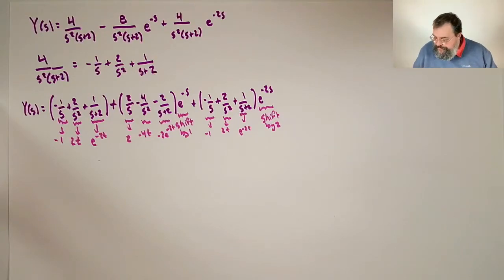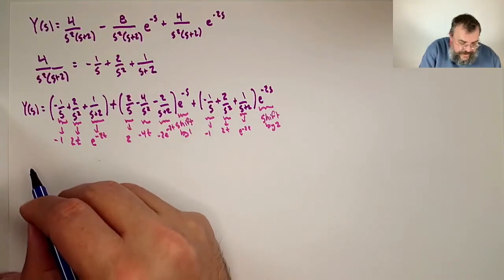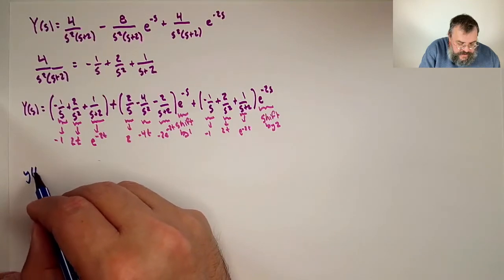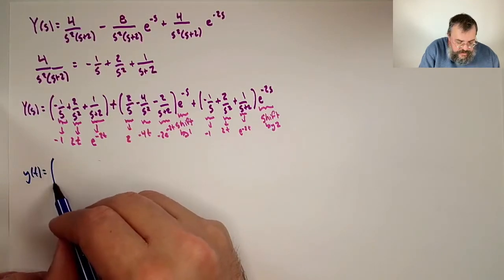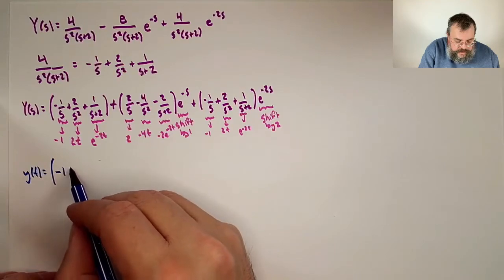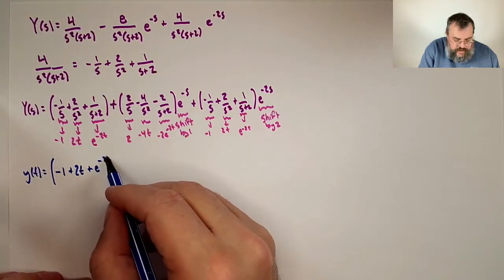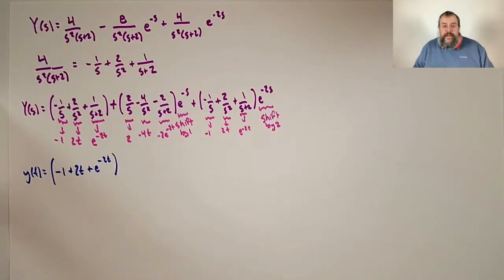Now, we're ready to write our answer. So, we get the following. Namely, y of t is equal to minus 1 plus 2t plus e to the minus 2t. Okay, so that's the initial, no surprise.